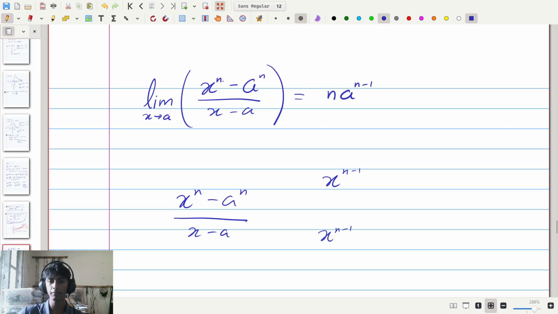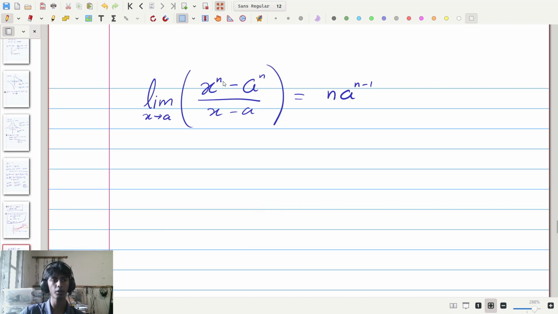X to the power of n minus 1 times x minus a will give us an x to the power of n, because here we have x to the power of n minus 1 and another x to the 1. Multiplied together, that will give us an x to the n. We additionally have a negative a times x to the power of n minus 1. So we have minus a x to the power of n minus 1. If we do this division, we'll see what we are left with.